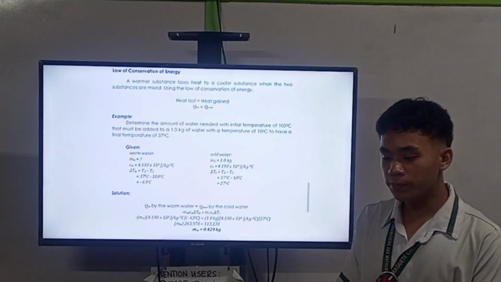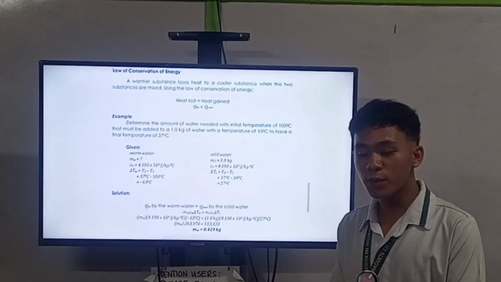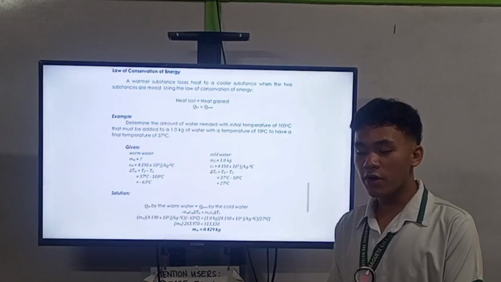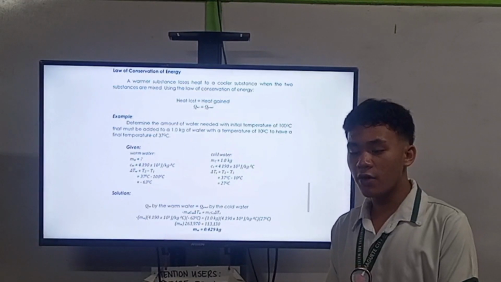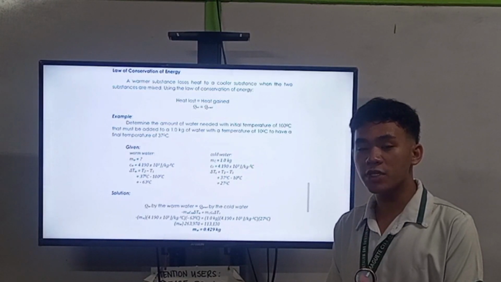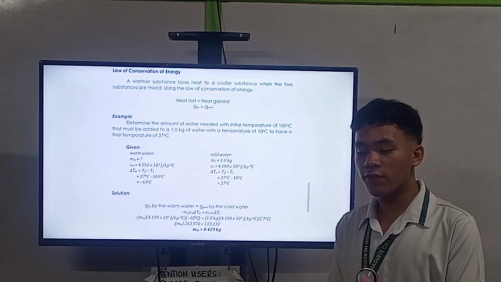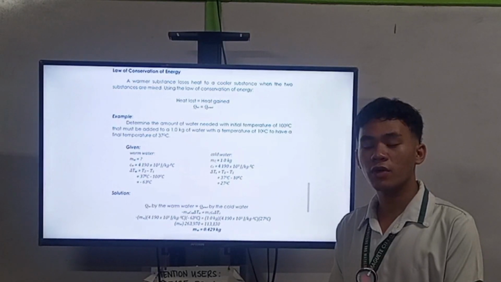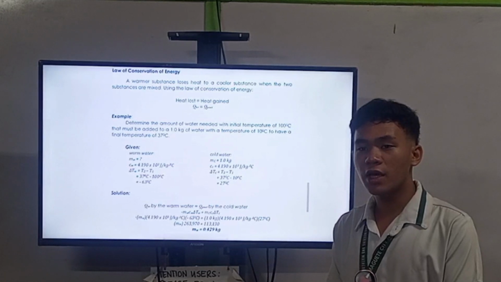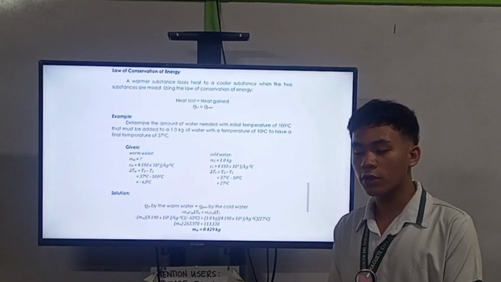And for the solution, we have the formula: the negative mass of the warm water times the constant times the delta temperature of the warm water is equal to the mass of the cold water times the constant of the cold water times the delta temperature of the cold water.